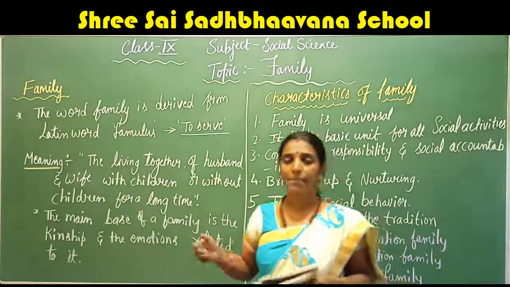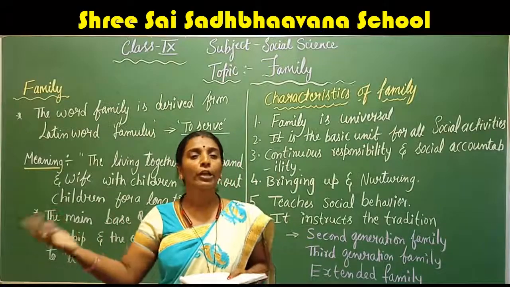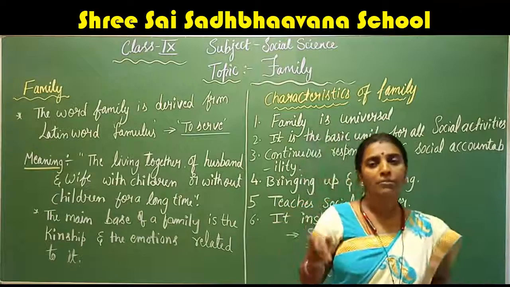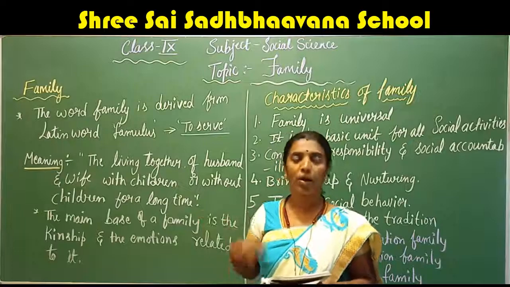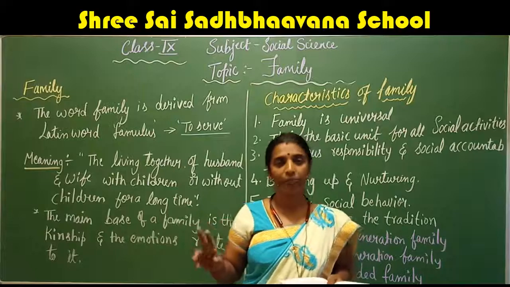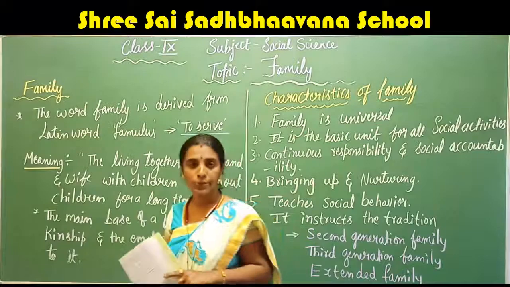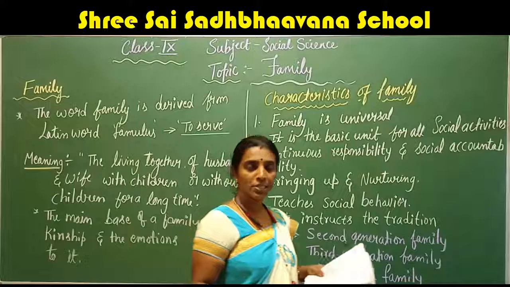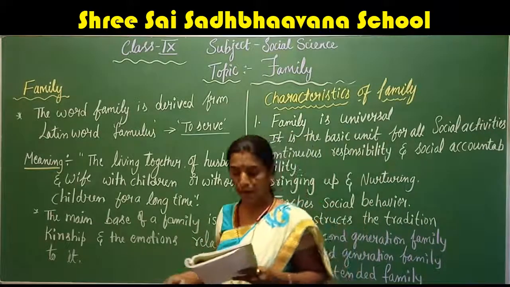For example, if you and your father and your father's brother are together with your grandparents, you are in a joint family, which means blood relation. Or else it may be through marriage. When a couple get married, they start a new family. And adoption also: many times an adopted child is included in a family. Not only kinship and marriage, even adoption may form a family.